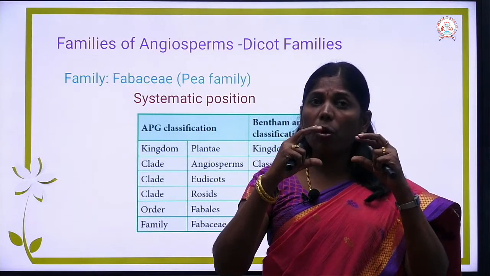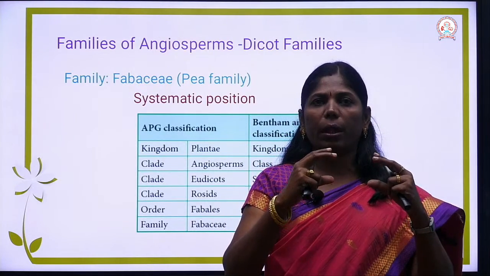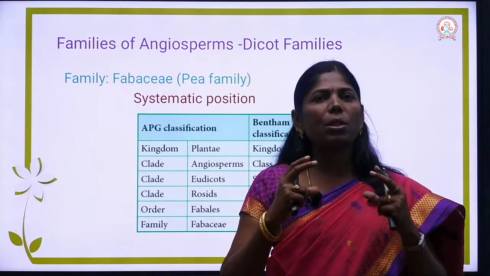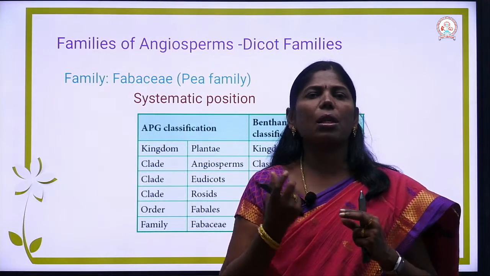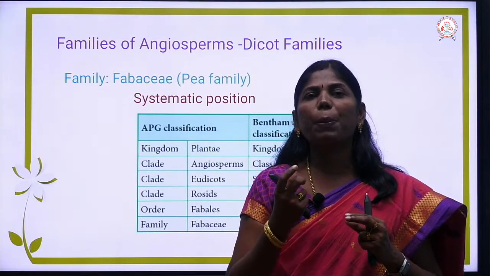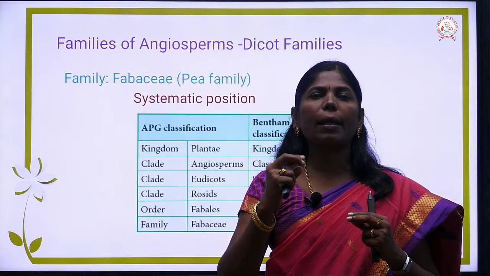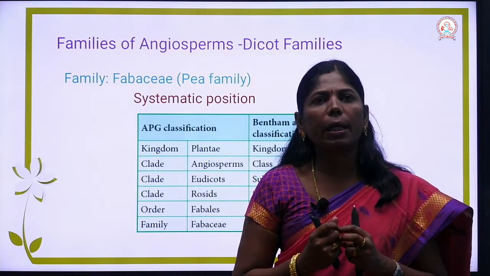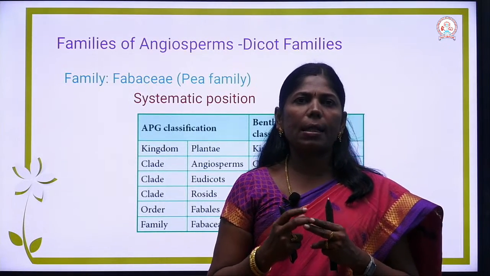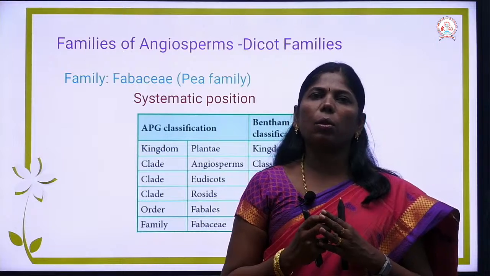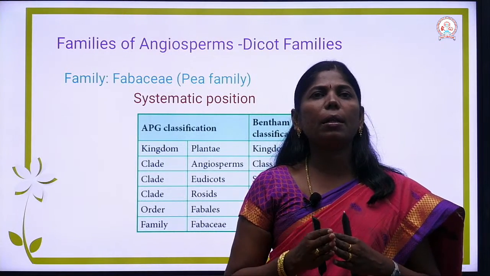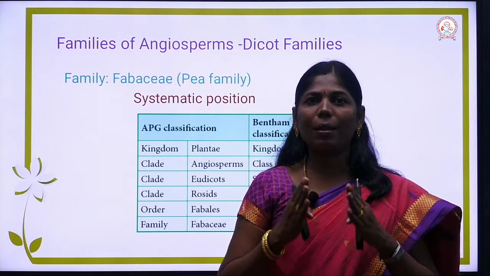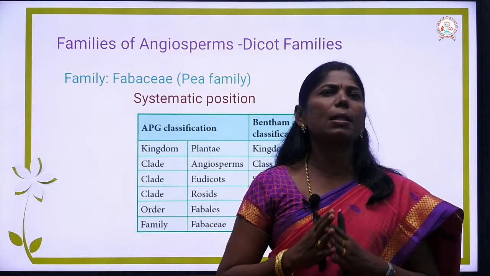If it has four whorls, it is tetramerous. Sorry, pentamerous has one more additional whorl, called the epicalyx. The extra outgrowth below the calyx, which looks like a calyx, is the epicalyx, or bracteoles. If it is present, that is the pentamerous condition. If not, that is the tetramerous condition.